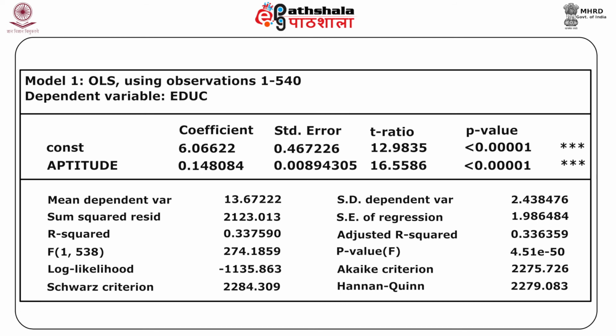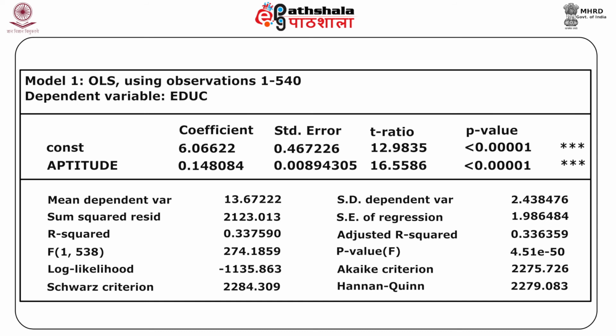And in the lower segment we have our other output which is mean and sum of the squares, R square, etc. The results show that a point increase in aptitude increases education level by 0.14 years, which is the coefficient of aptitude.